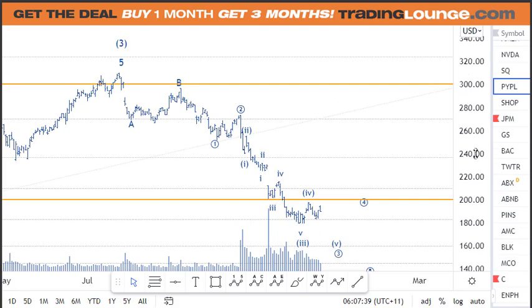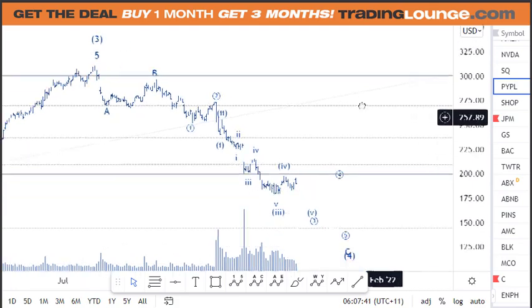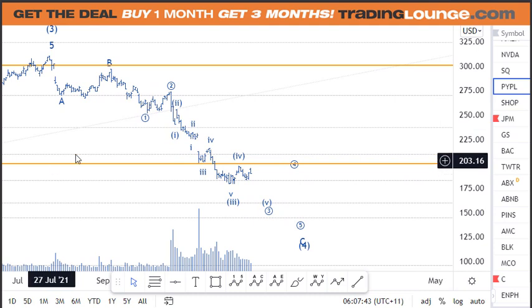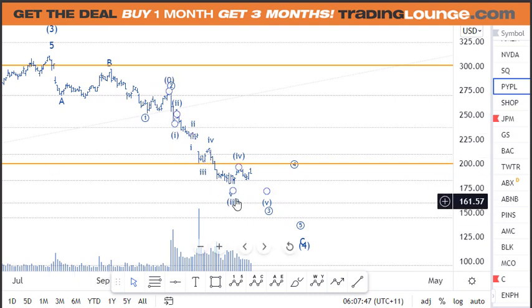PayPal for a moment, because I did some work on it before. I have to check what Alessio's done here as well. 1, 2, 1, 2, 1, 2, 3, 4, 5. Okay, it's a little bit clearer there. So 4 and 5. So I could put that wave 4 up there. I mean, there might be another little retest of the 200 here. I'm not quite sure about that, and I can't pull it apart.